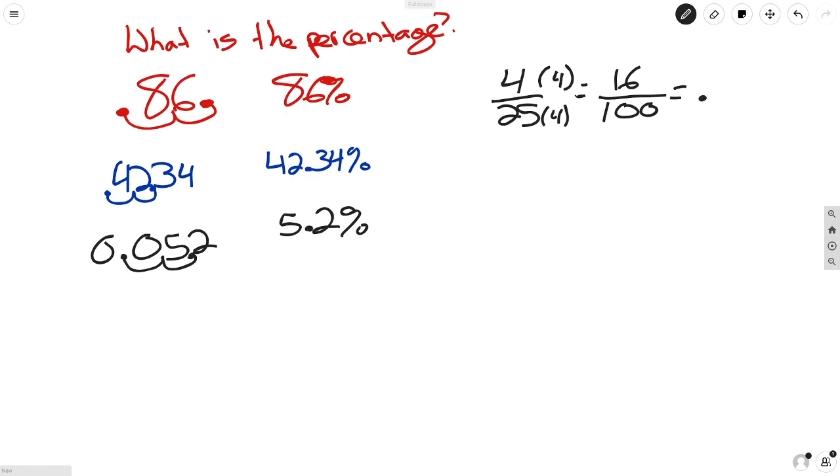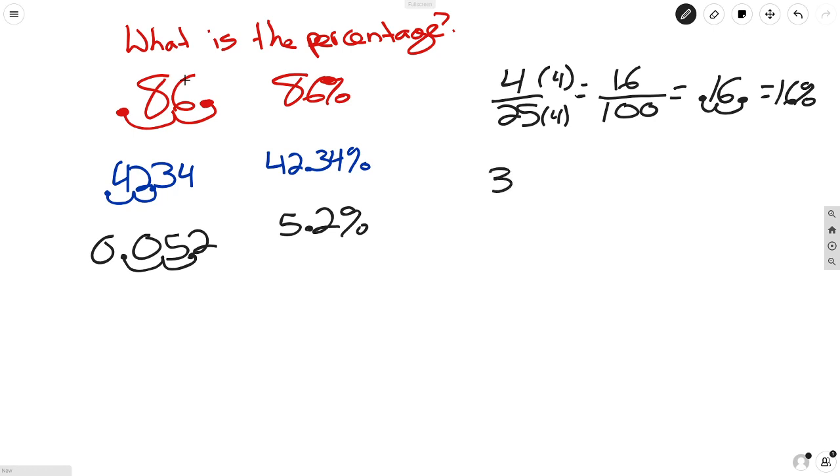And when I turn that into a decimal, I get 0.16. And I already know that when I have a decimal, I can just move the decimal spot over twice, and I get 16%.